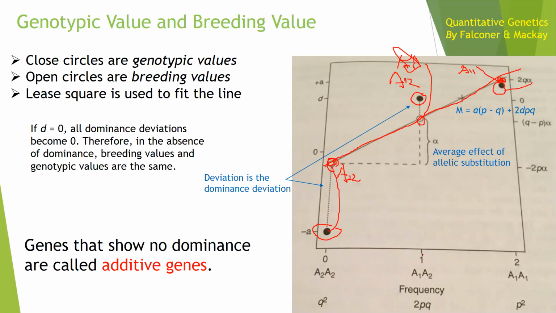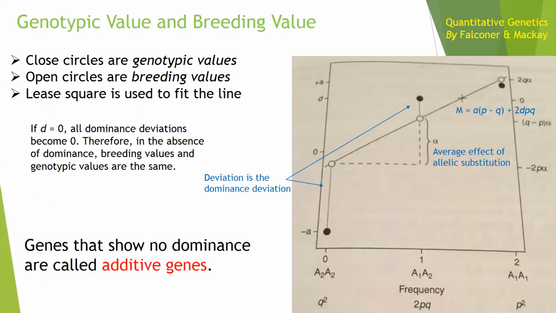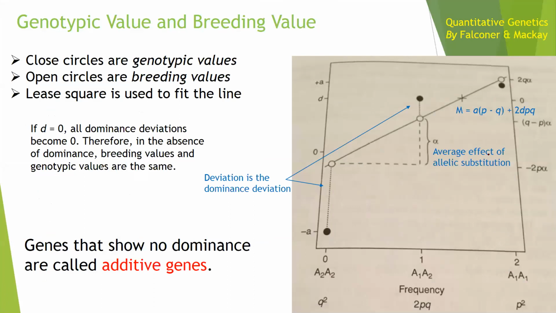So we have spent a little bit of time on these terms, right? The dominance deviation. So that's the difference between these two, right? This is a very useful diagram. I hope you can spend time to understand this, because this diagram shows you the relationship between the different terms we have learned so far.